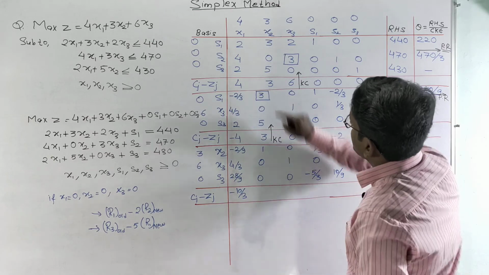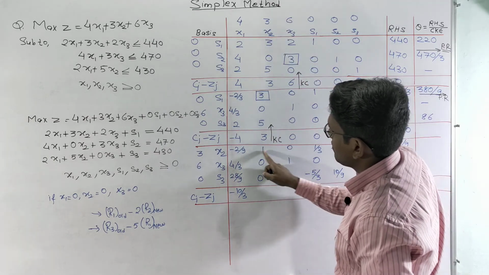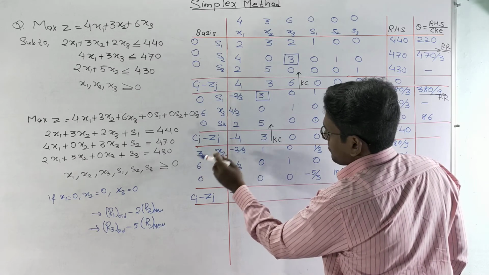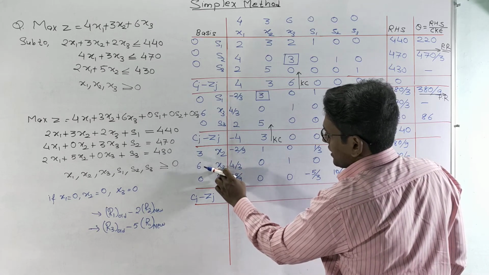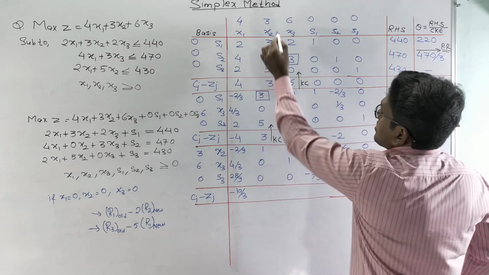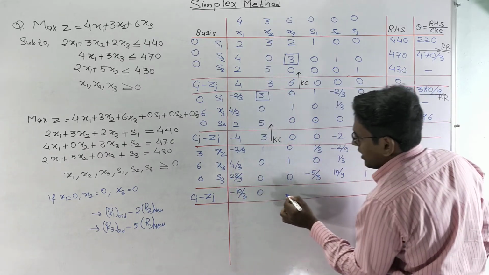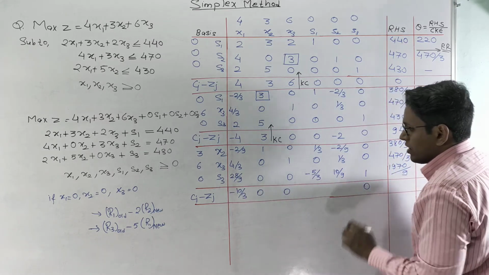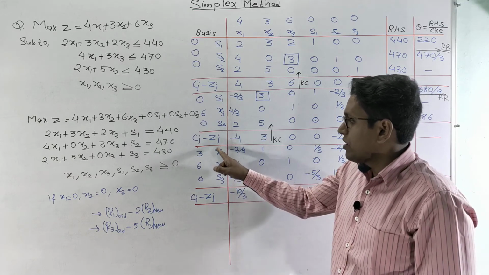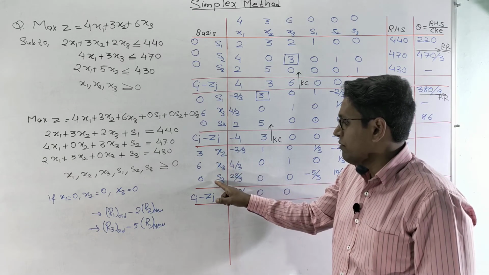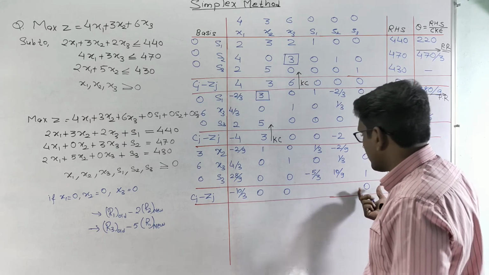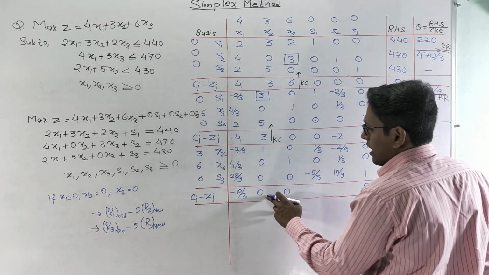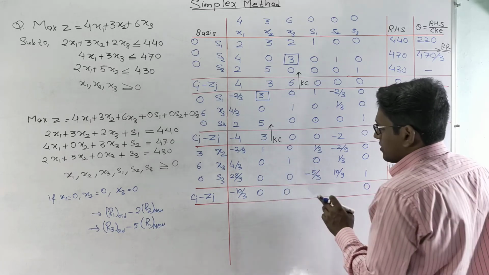Similarly this will be 3 minus of, so again I will be writing the value of x2, x3 and s3. That means x2 as 0, x3 as 0 and s3 is here as 0. As I know that the variables in the basis column will have Cj minus Zj values as 0, so I will not be calculating this, I will be writing this as 0.